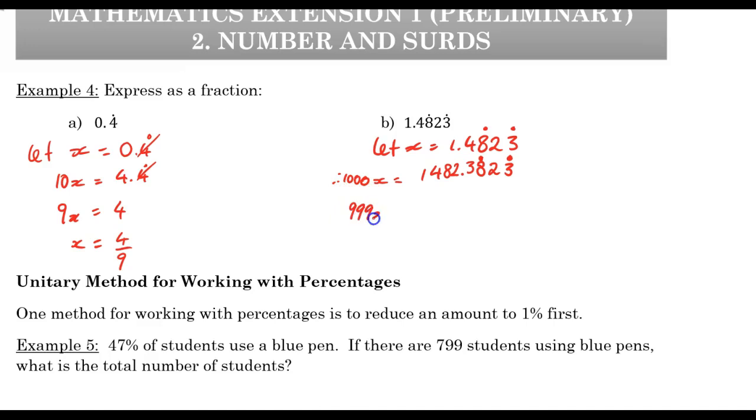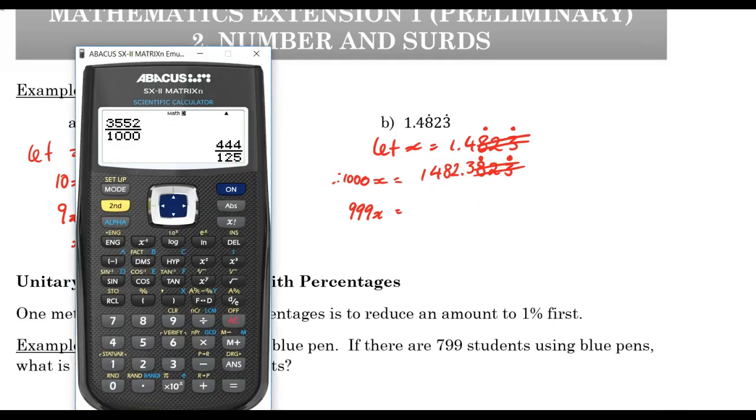that 999x equals this minus this, and the 823 recurring part cancels out with the 823 recurring part, and I've got 1,482.3 minus 1.4. Let's pull out the calculator. 1,482.3 minus 1.4 equals, and I get 1,480.9.